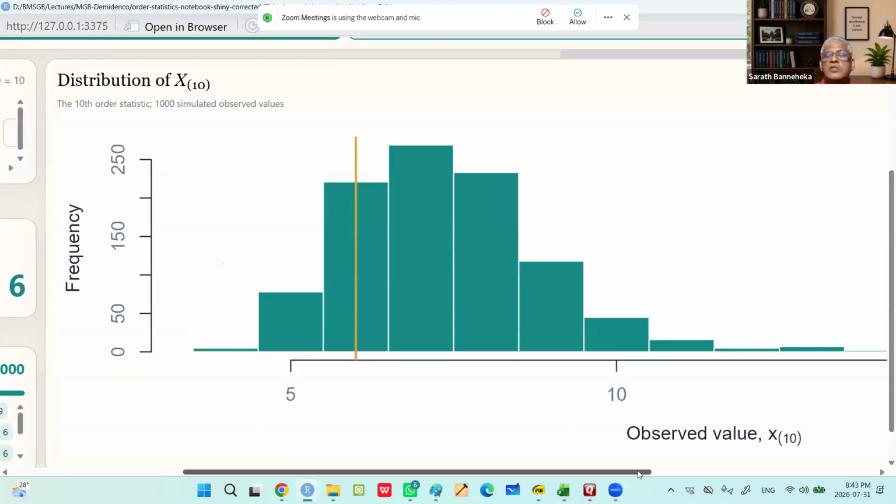Okay. So this is the distribution of x10 when the data comes from a Poisson 4 distribution and the sample size is also 10.